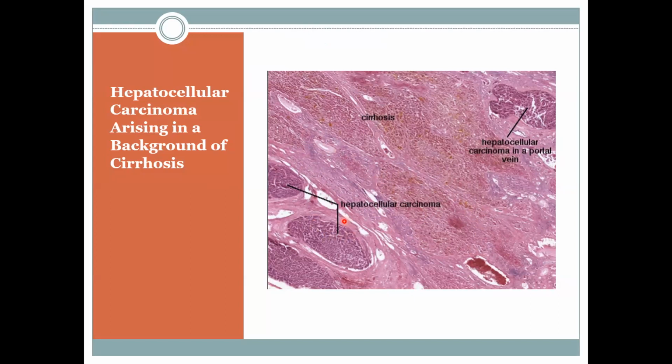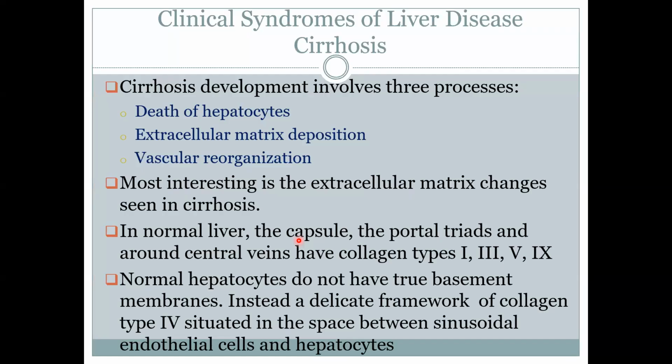Unfortunately, in some of these regenerative nodules, you're starting to see that liver cells are becoming neoplastic, with development of hepatocellular carcinoma. Okay. All right. So cirrhosis is also one of the risk factors.